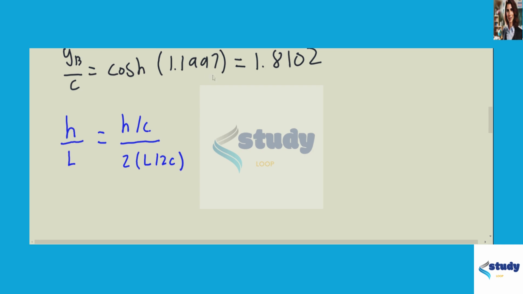So since we know the ratio of the length y of B to C, we can then write the ratio of H to C as just 0.8102.